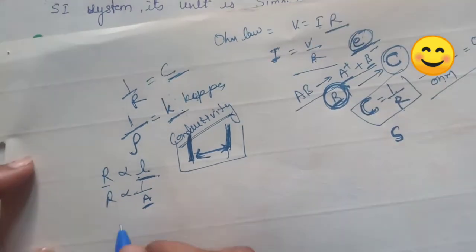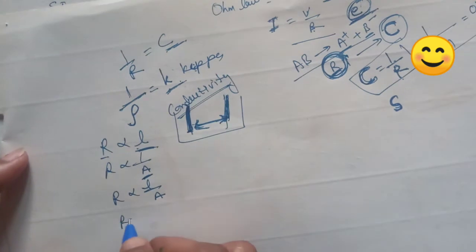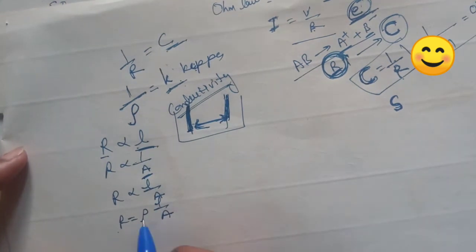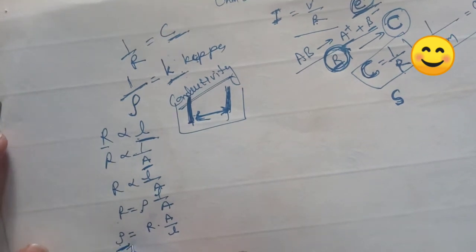So R is directly proportional to L upon A, or R equals rho L upon A, and rho equals R into A upon L. This is the specific resistance or resistivity.